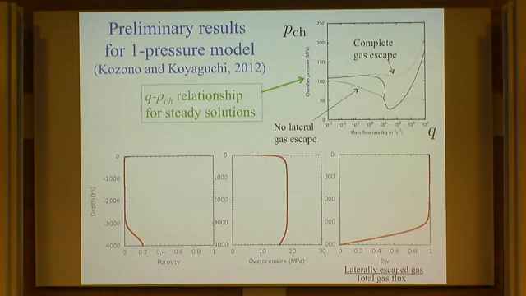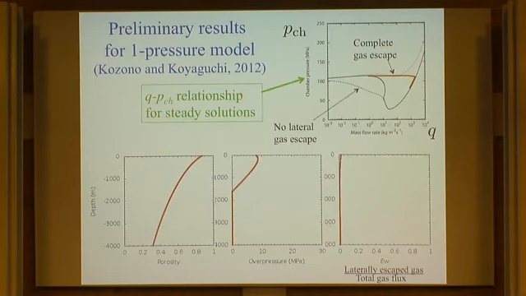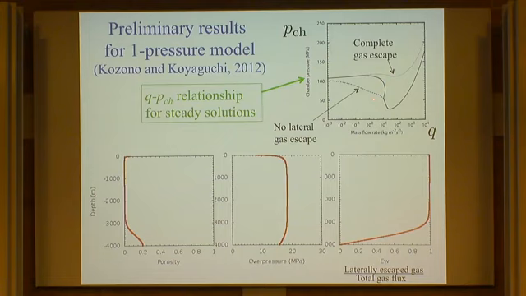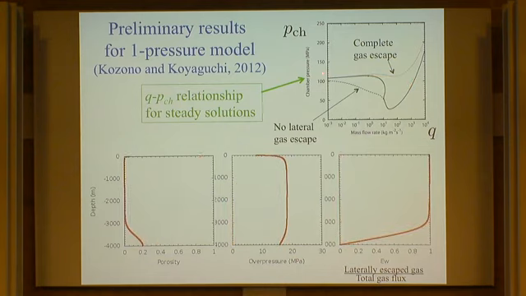This is the result. This solid curve is the relationship between mass flow rate and chamber pressure for the steady solution. And then this dotted curve and dashed curve show this relationship for very extreme cases. So all the gas is escaped in one, and in this one there's no lateral gas escape. So usually the relationship follows this solid line.